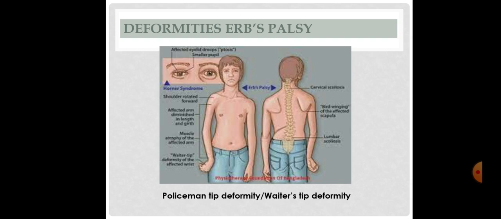I don't know, but it's like receiving some bribe from someone. Take it. That means, maybe this is called policeman tip deformity or waiter's tip deformity. Okay.